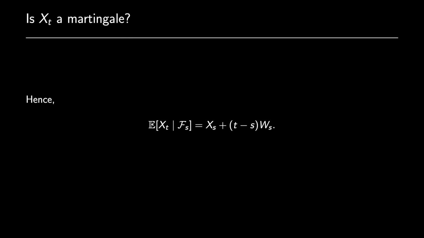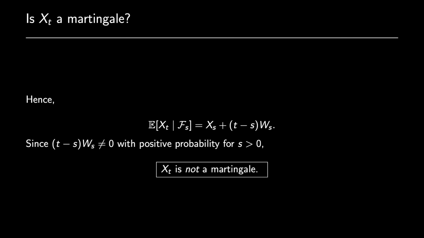Putting everything together, the conditional expectation of X_t given F_s is equal to X_s plus (t minus s) times W_s. This additional term is not equal to 0 with positive probability whenever s is greater than 0. This shows that the fair game property does not hold, so the process X_t is not a martingale.